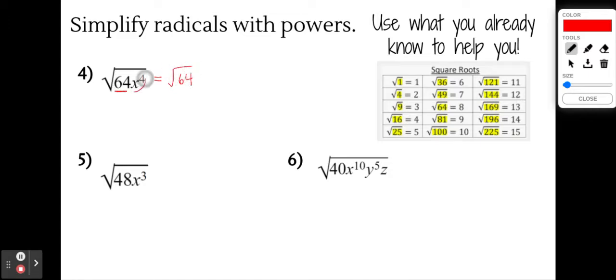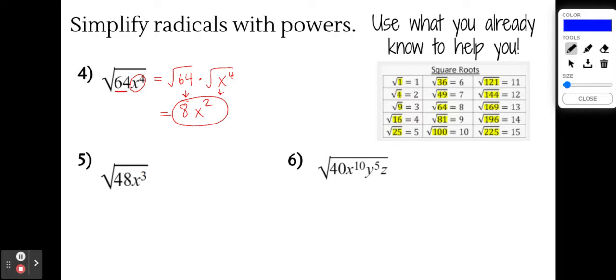And the square root of x to the fourth is also a perfect square because it's an even exponent. So the square root of 64 is just 8. And the square root of x to the fourth is just x to the second power. And so this would be simplified just like that. So that one's pretty easy because everything is a perfect square.